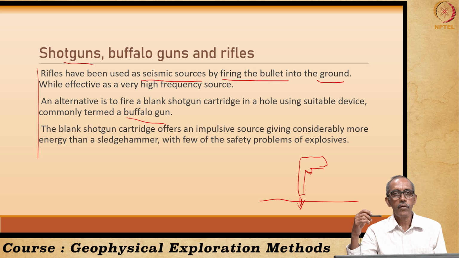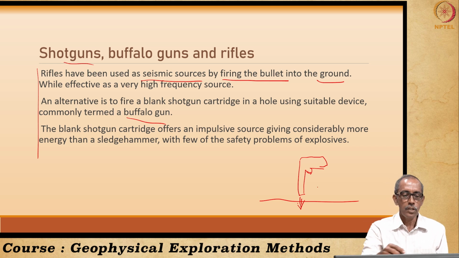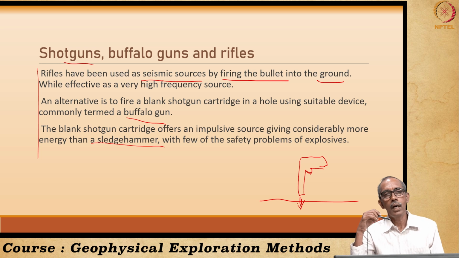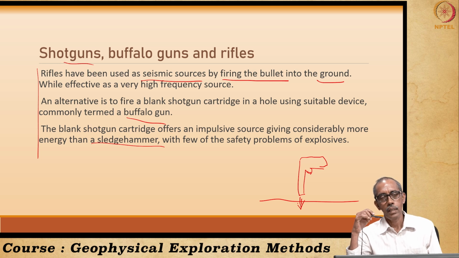Not explode, we are firing a bullet toward the earth surface by pointing the gun toward the earth. This energy is much more than the weight dropping or sledgehammer. However, the energy created by this is a little lesser than the explosives.